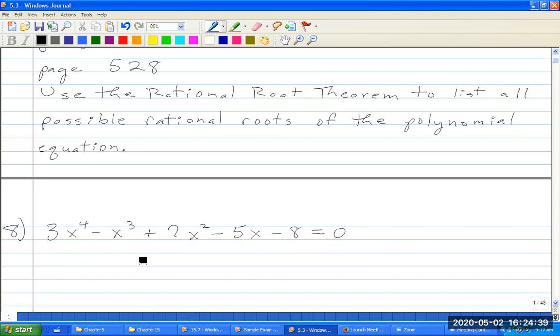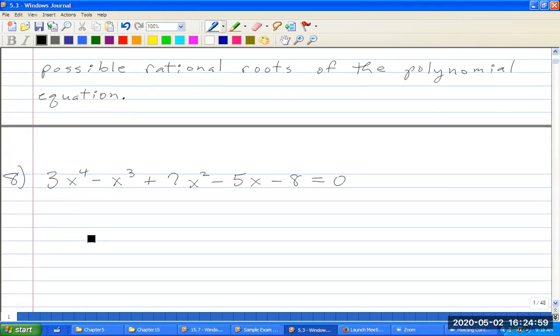I want to list all the possible rational roots to this equation. If you didn't have the rational root theorem, you'd have to try an infinite number of choices. I'm going to restrict it down to a much smaller set of possible choices for rational roots.